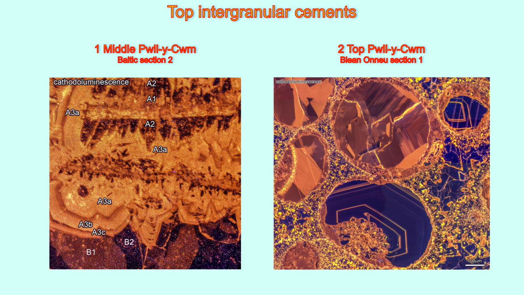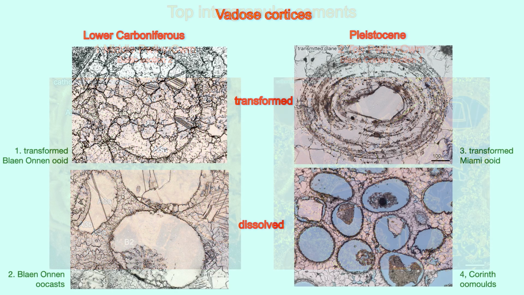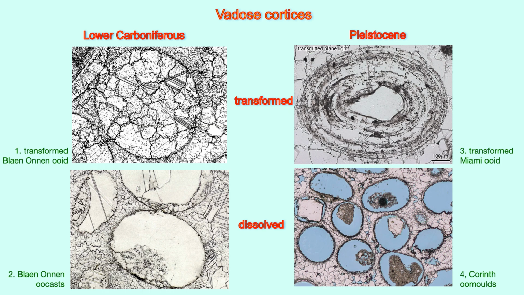While the top and middle Pulthicum samples are different, the top Pulthicum has similarities with Pleistocene samples from the vadose zone. Ooids with granular cortices are similar in both the top Pulthicum and Pleistocene vadose oolites, despite their differences in original mineralogy.